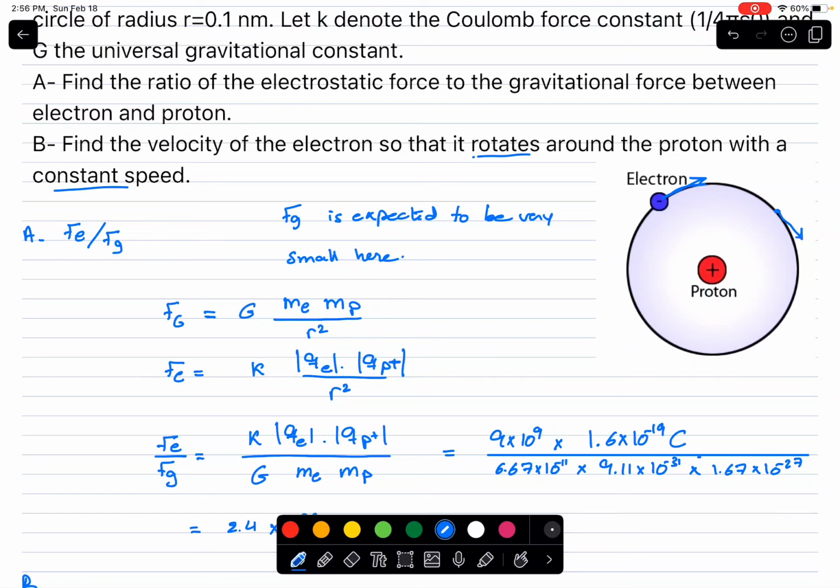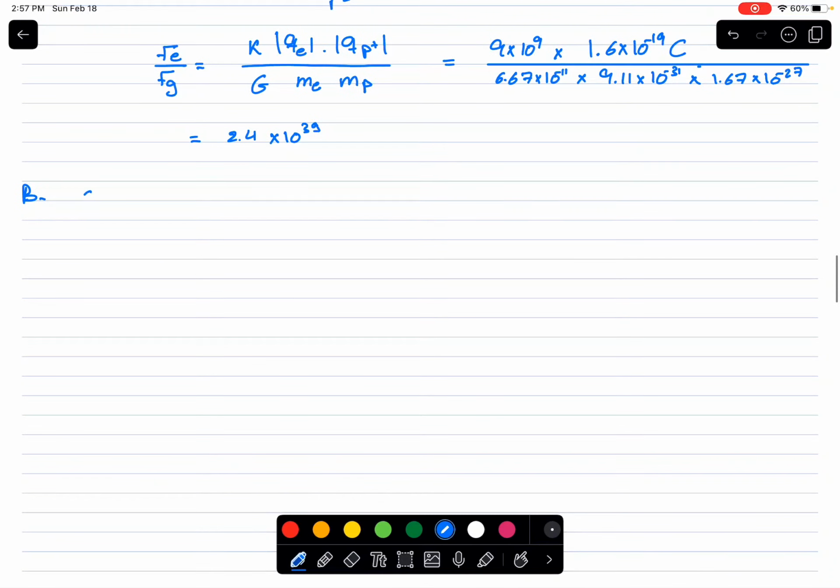However, if we have a constant speed, then this means we are in uniformly circular motion. So I can say here, constant speed implies uniformly circular motion, which we know from mechanics indicates that our acceleration is centripetal and is equal to v squared over r. How will this help us? Question is to find v.